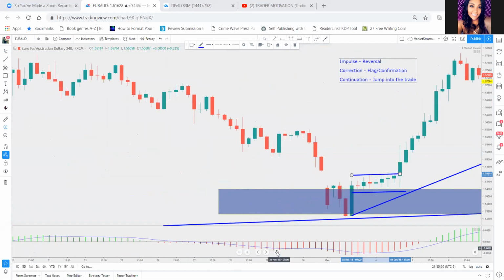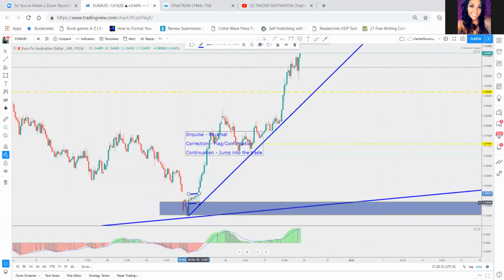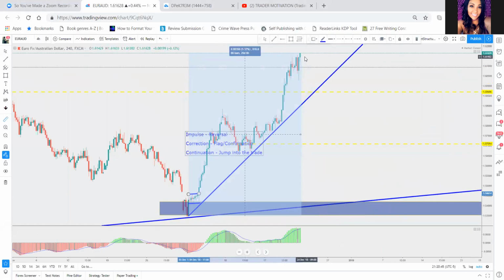All right, let's refresh this. So when this move started, it has been going 816 pips. So from here to here, we had multiple opportunities to jump into this trade.